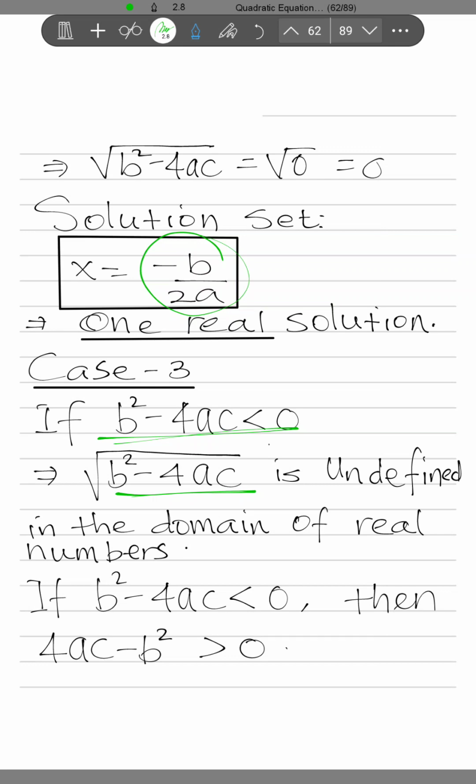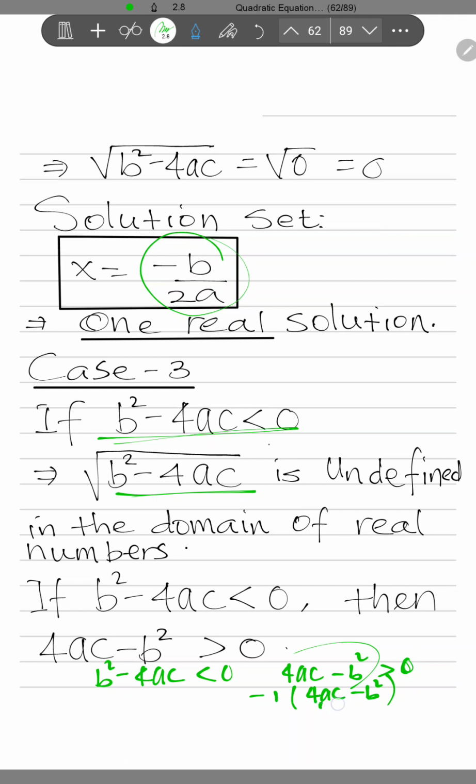This means that if b squared minus 4ac is less than 0, then 4ac minus b squared, the other way around, is greater than 0. So in that case, what we can do is write minus 1 times 4ac minus b squared.